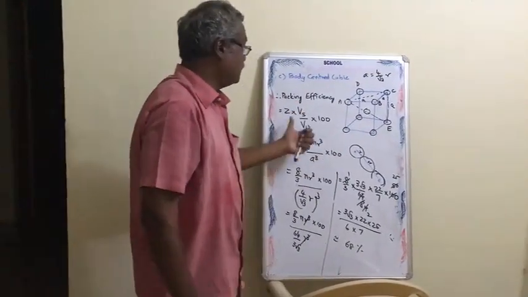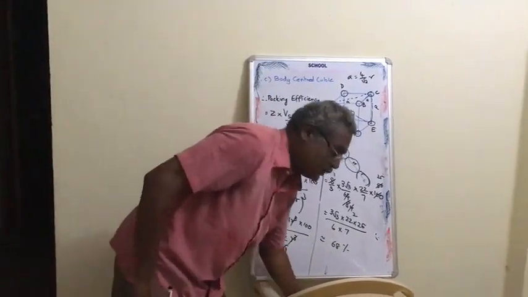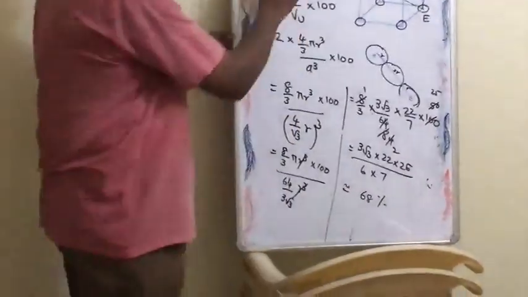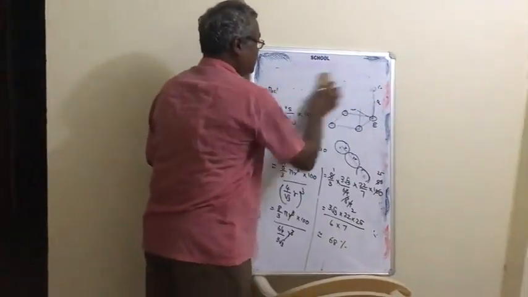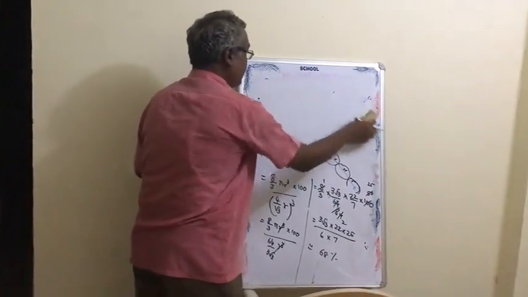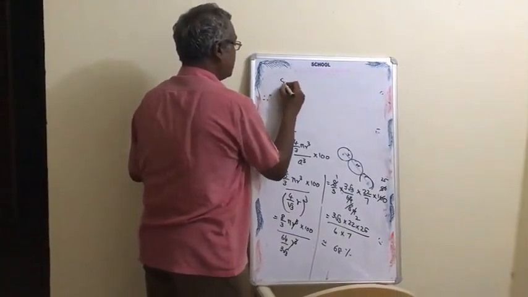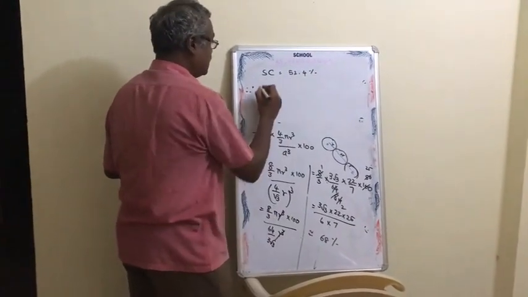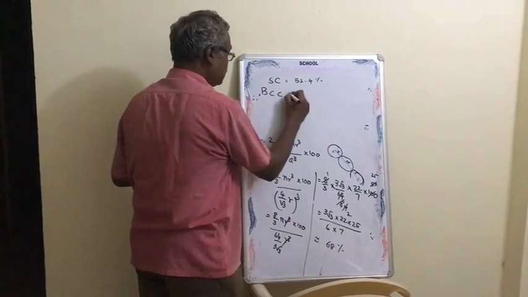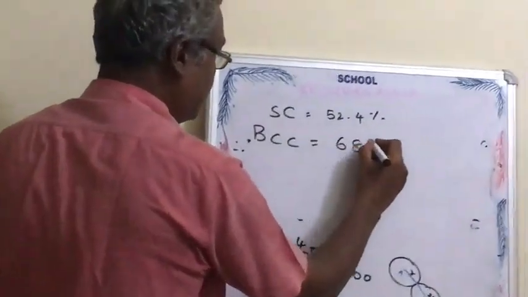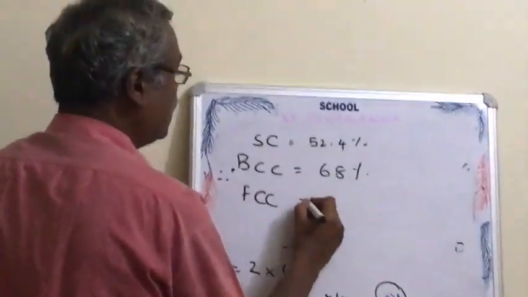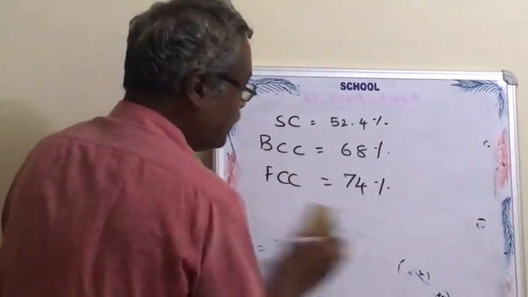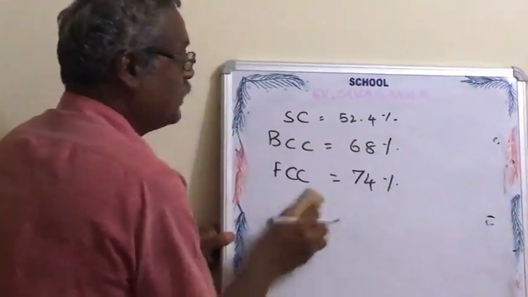So this is the derivation for body centered cubic. The answer we are getting is packing efficiency 68%. Now we have studied three. One is simple cubic, with 52.4% packing efficiency. Then body centered cubic, that is 68%. And face centered cubic, we calculated the value, that is 74%.